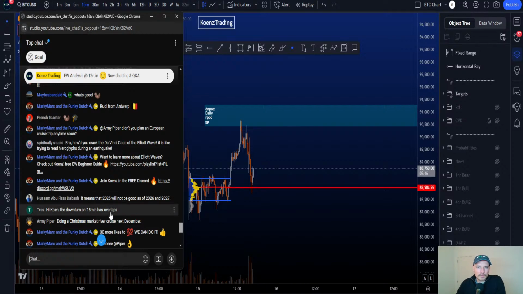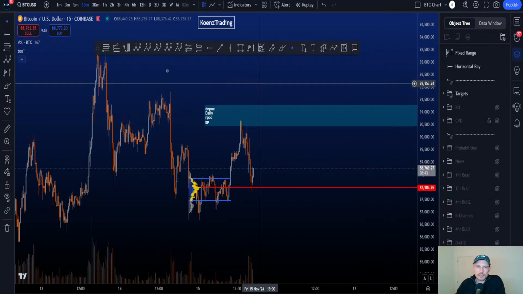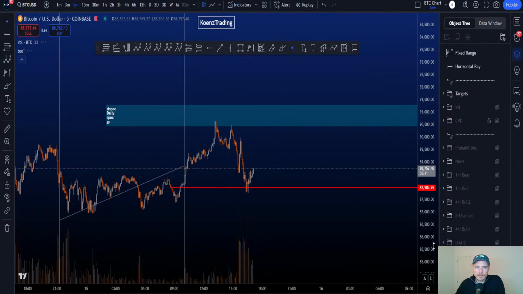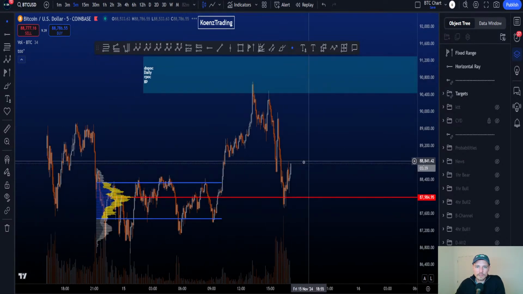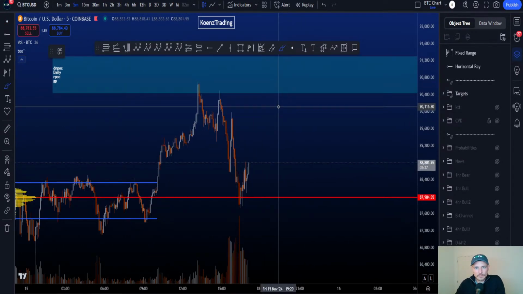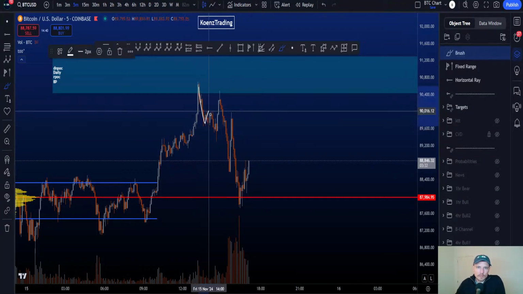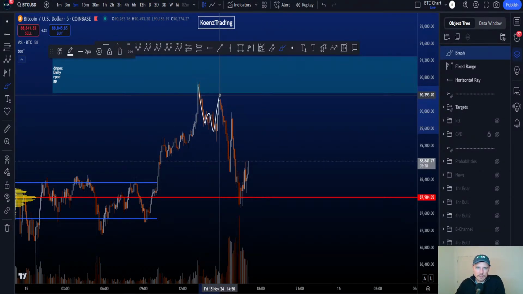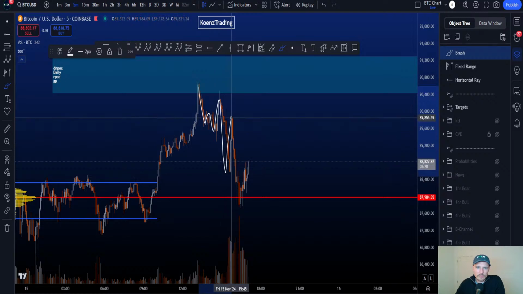The downturn on the 15 has overlaps. Ooh, 5-minute time frame. I generally stay away from the 5, but 5 flat, 5 zigzag.